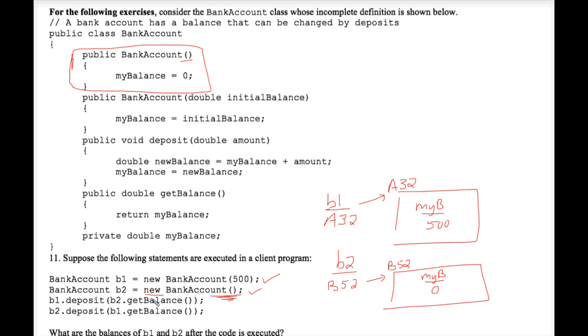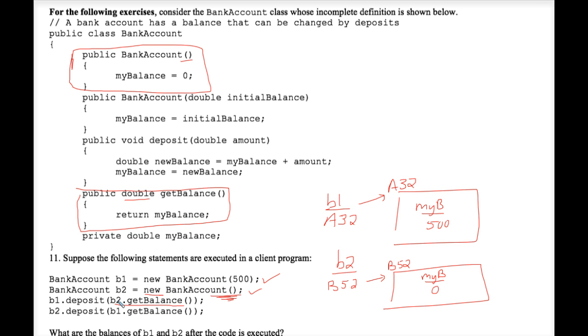But now we're set up to run the third line of code. We work from inside the parentheses outward, so we must first examine b2.getBalance. Well, luckily for us, there is a getBalance method available, and it returns a double, and specifically, it returns myBalance. But whose balance does it return?